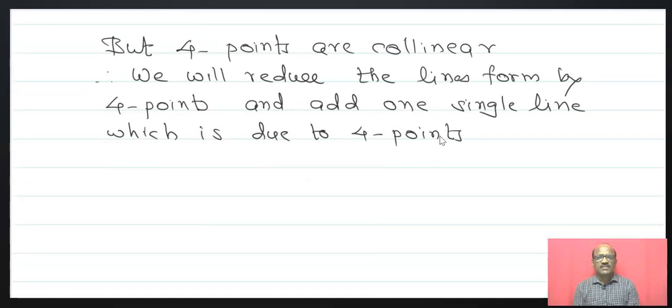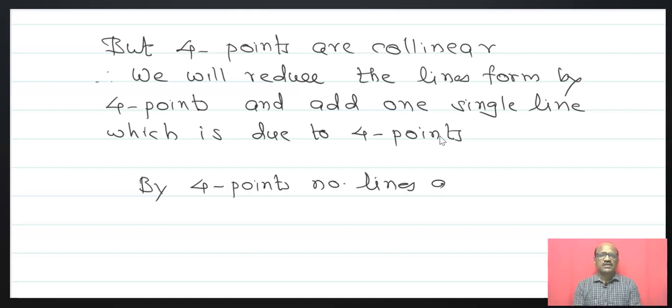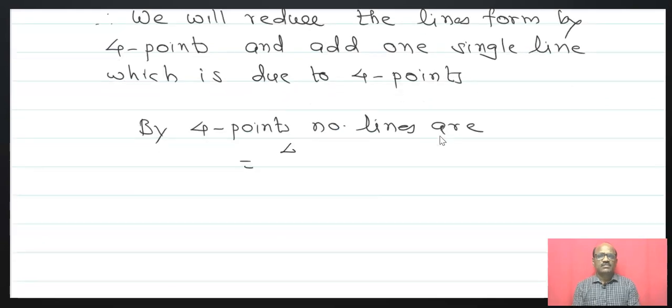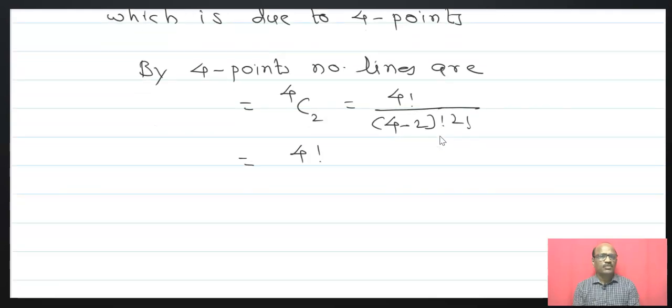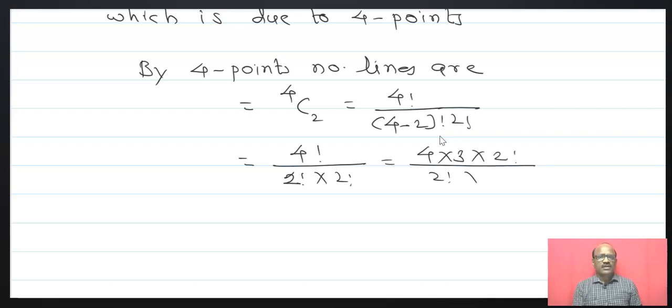Therefore, by 4 points, the number of lines is 4C2, which is 4 factorial upon 2 factorial into 2 factorial. Normal calculation: 4 into 3 into 2 factorial, and you will get 6.